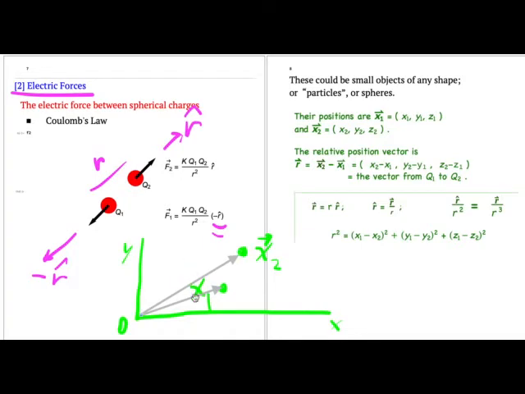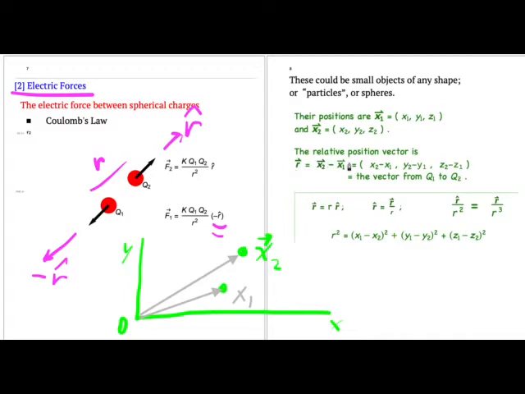Maybe I can clean this up a little bit. This is x1. This is x2. R is the relative position vector.